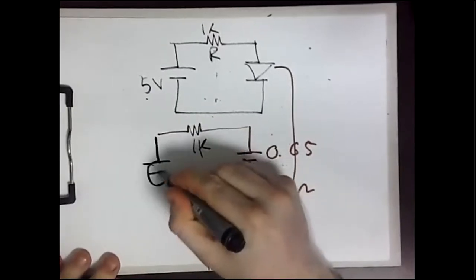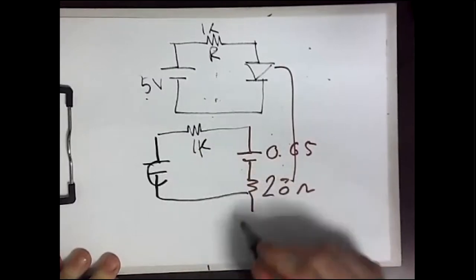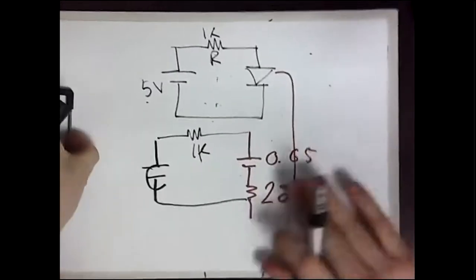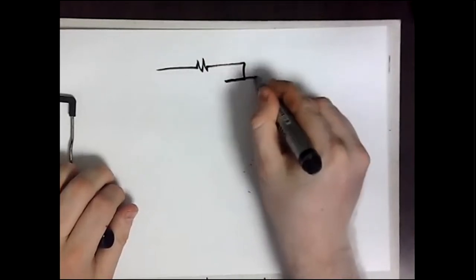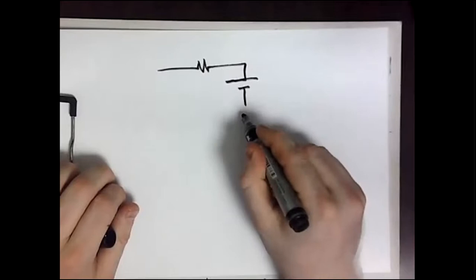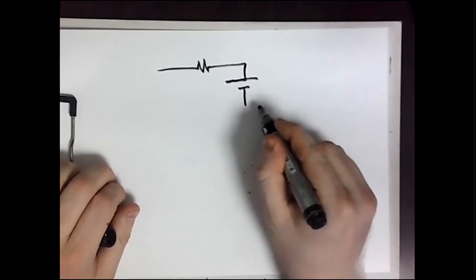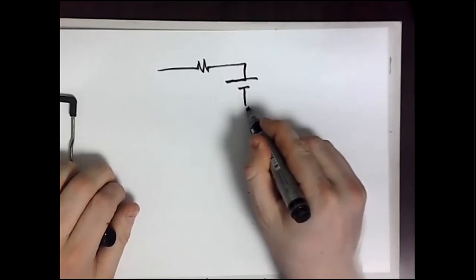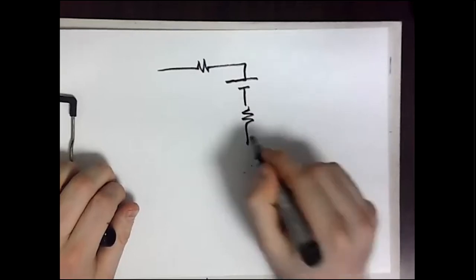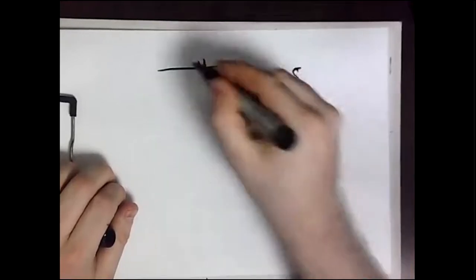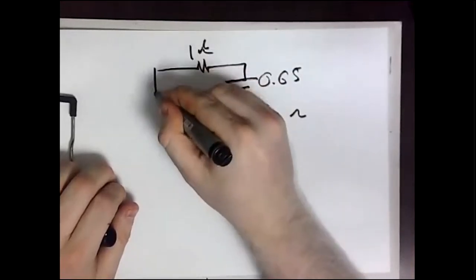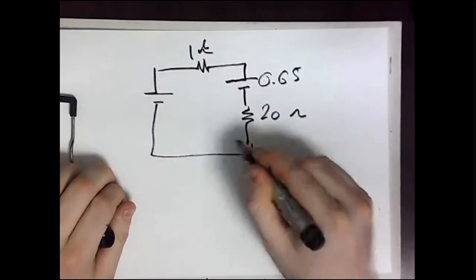I'm sorry, let me make it in a new graph. So we have this resistance, and now we replace the diode with a battery and also a resistance. This is 20 ohm. This is 0.65. This is the 1K, and this is the 5 volt.